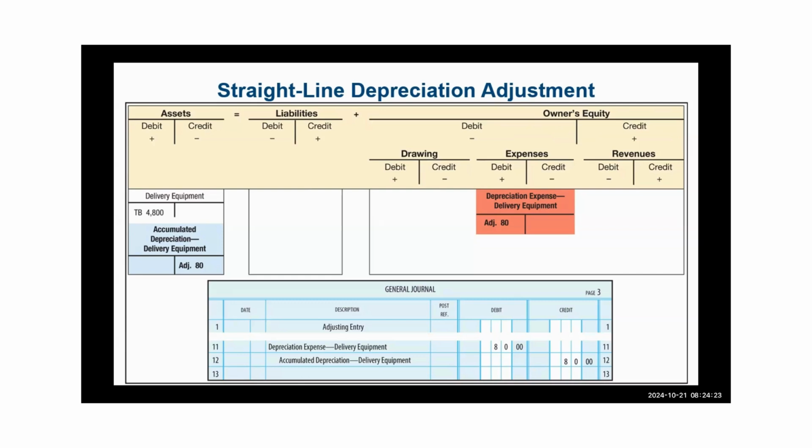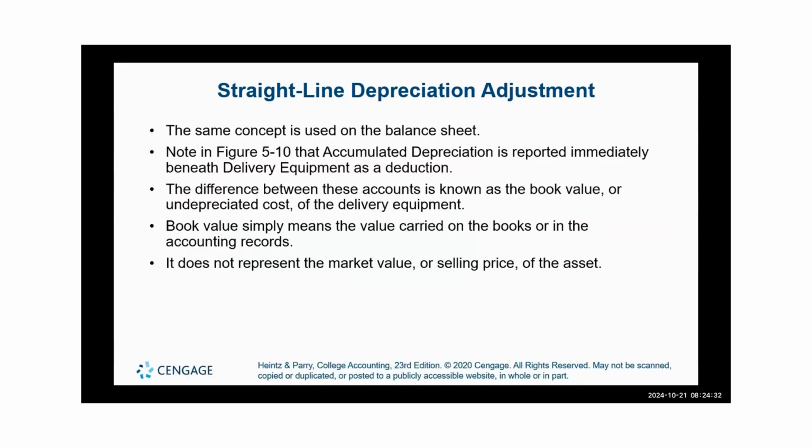My expense goes first, and then the accumulated depreciation goes second. All right, a straight line depreciation adjustment. The same concept is used on the balance sheet. The difference between these accounts is known as the book value of the delivery equipment. That just means what's carried on the books in our accounting records.